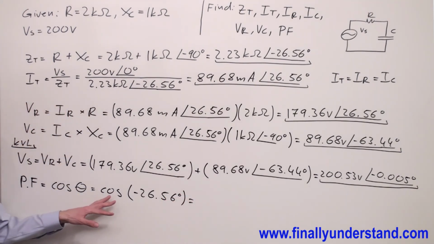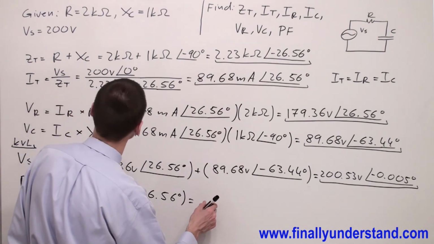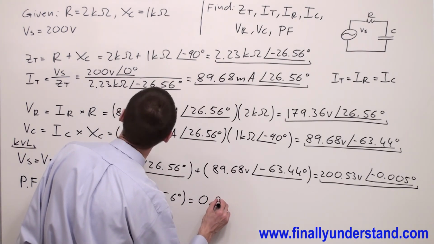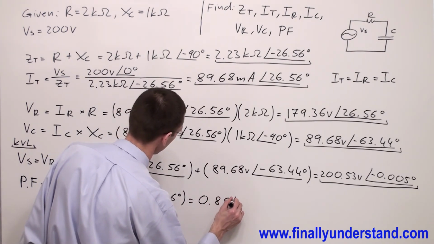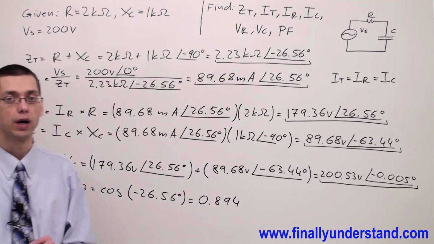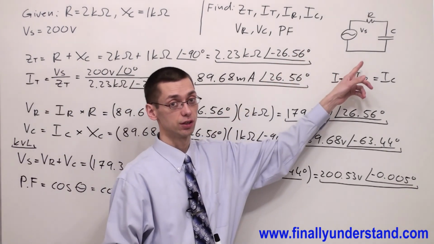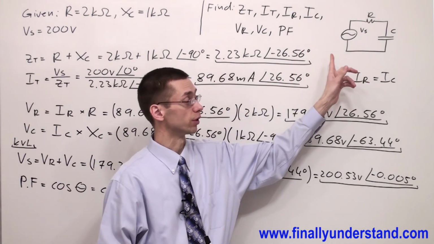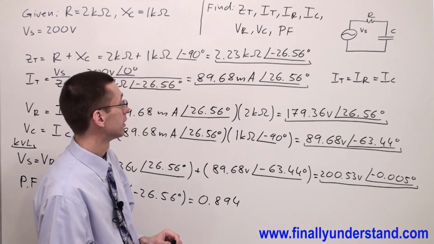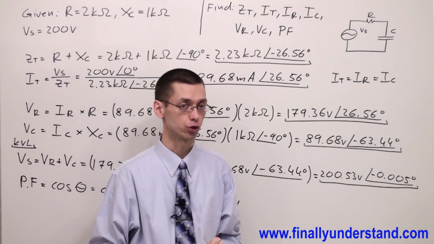Again, use the calculator and you're supposed to get the value of 0.894. Now, because we are talking about the RC circuit, you're supposed to realize that in this circuit, current is going to lead the voltage source.